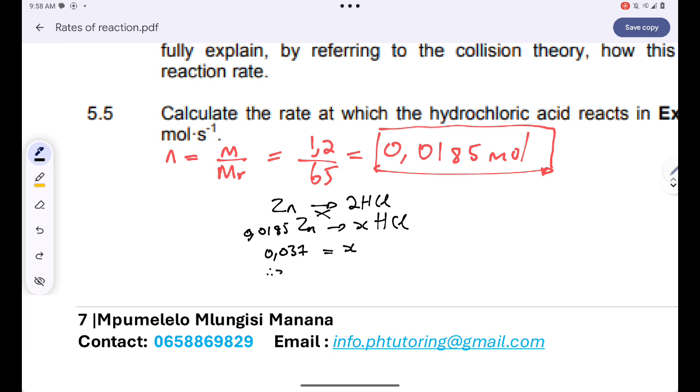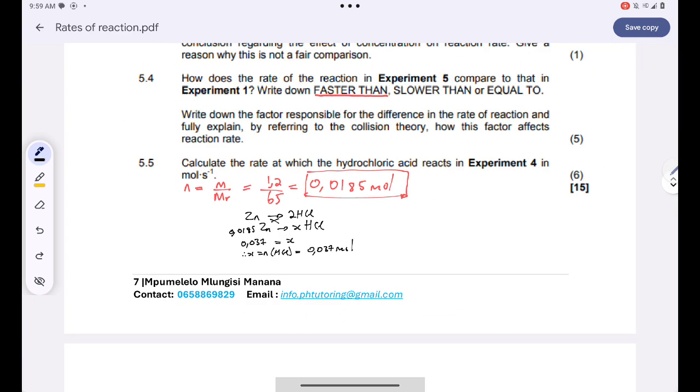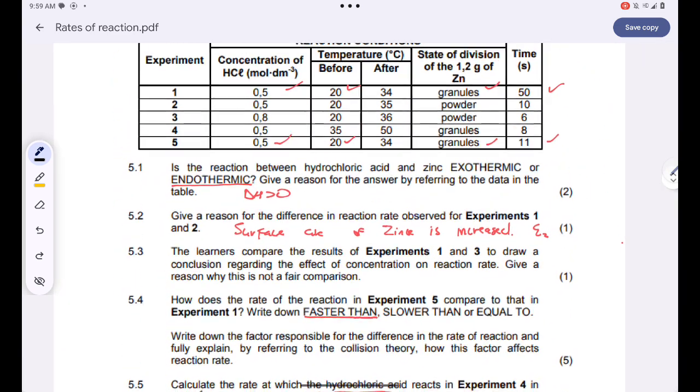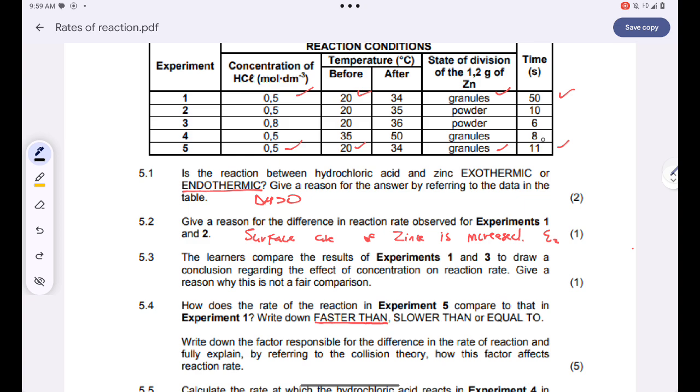Remember that x is just the number of moles of my hydrochloric acid that will be used up in experiment 4. So that's basically 0.037 moles.